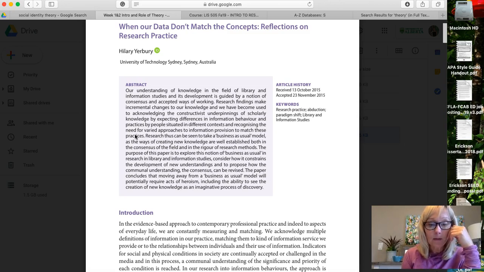So for example, we don't just consider explicit knowledge, or knowledge that is proven through scientific methods. We accept tacit knowledge. We accept that knowledge can be learned by practice, and we are a practical profession.